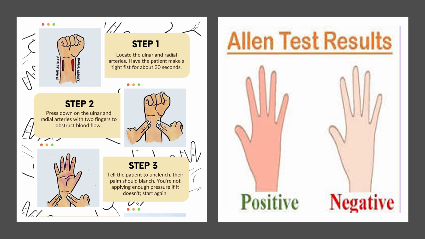If the hand remains pale or the color returns significantly delayed, like that cap refill is super delayed, then it's going to suggest that there's inadequate collateral circulation via that radial artery, and maybe a different site should be chosen because there could be dire consequences such as limb ischemia, and ultimately necrosis could occur, causing a patient to need an amputation.